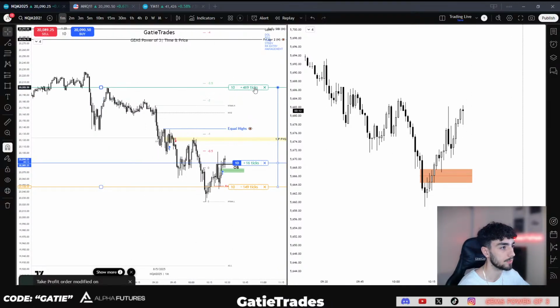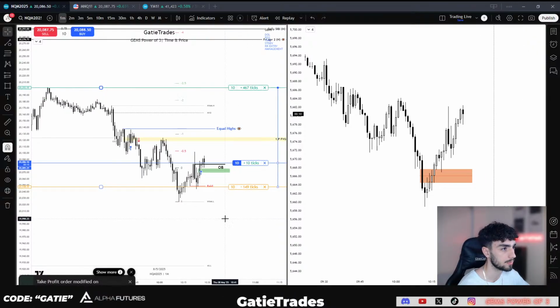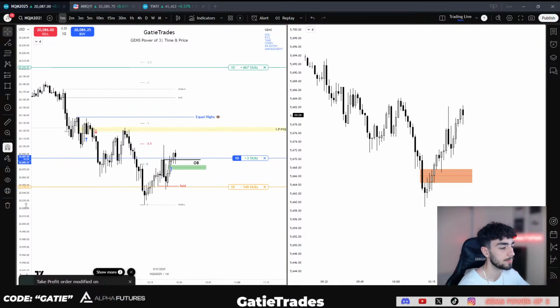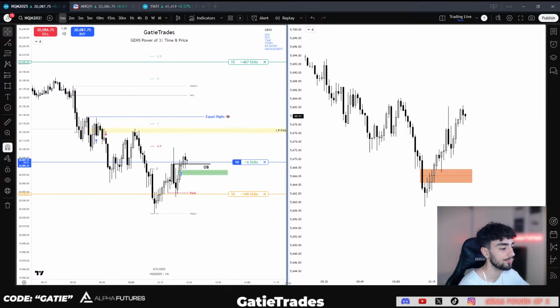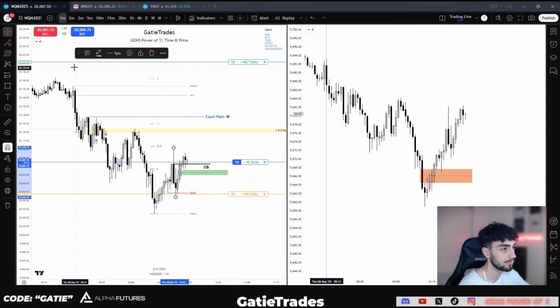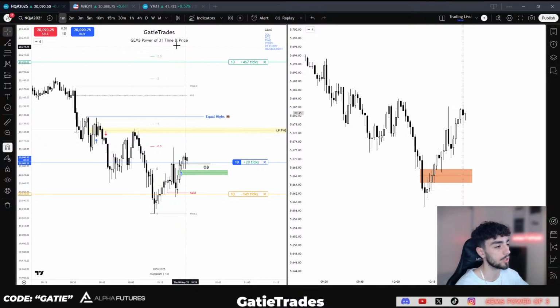This is like low hanging fruit. I like this objective though. We'll see if this OB can hold, deliver higher pricing. I don't want to deviate the protraction model because this wick is pretty extreme.